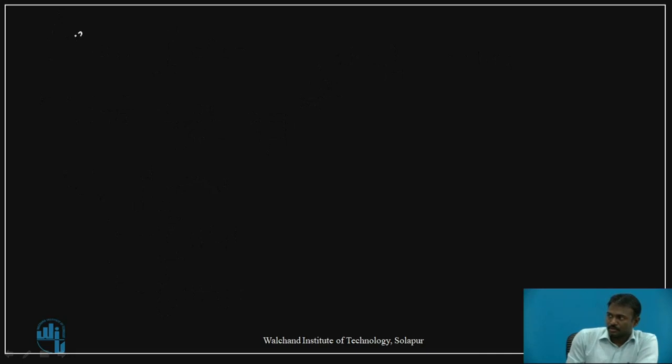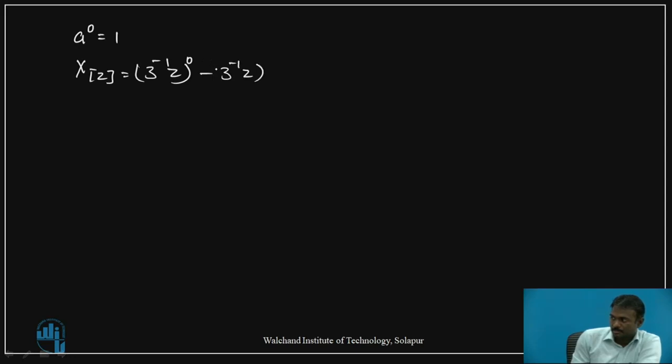We are going to use the concept that a to the power 0 is equal to 1 to simplify X(z) here. So X(z) will be written as (3 inverse z) to the power 0 minus (3 inverse z) to the power 0 minus the summation k equal to 1 to infinity of (3 inverse z) to the power k.